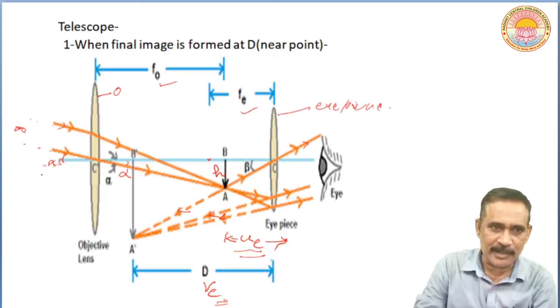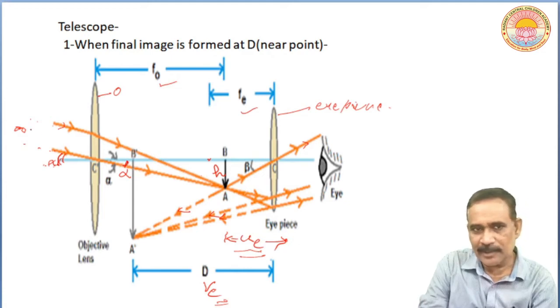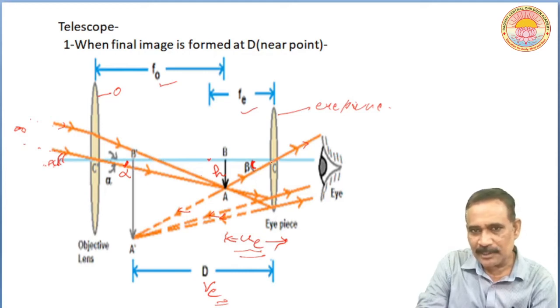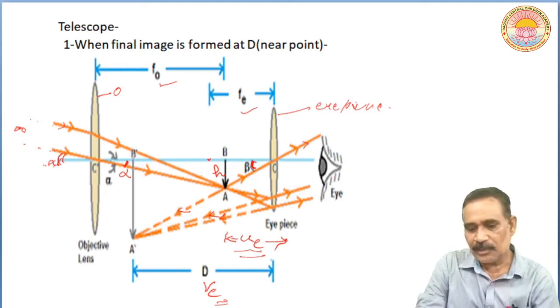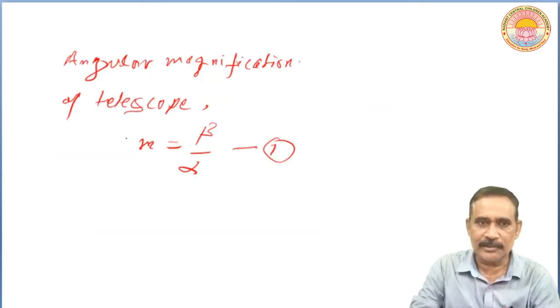This light ray makes an angle alpha with the objective. So this is alpha. This is also alpha, vertically opposite angle, and this alpha is made by the objective, and this is beta. This is the angle subtended by the image at the eyepiece lens. So this is the first equation, the angular magnification of the telescope m equal to beta by alpha.